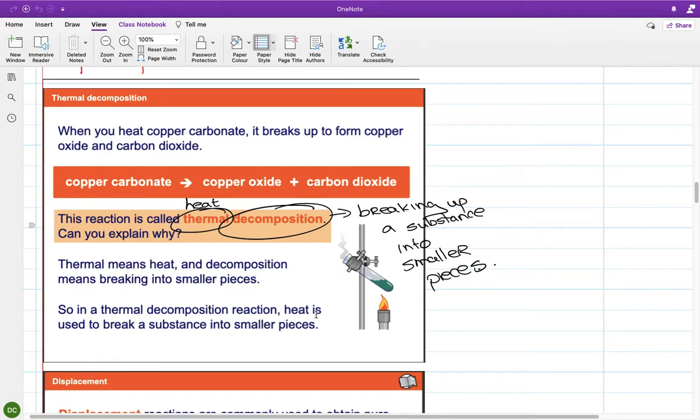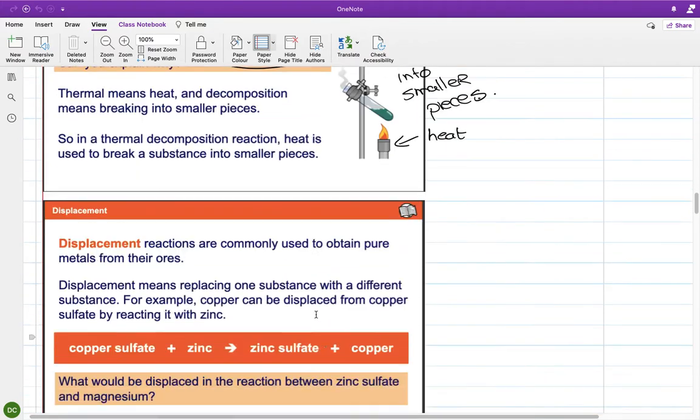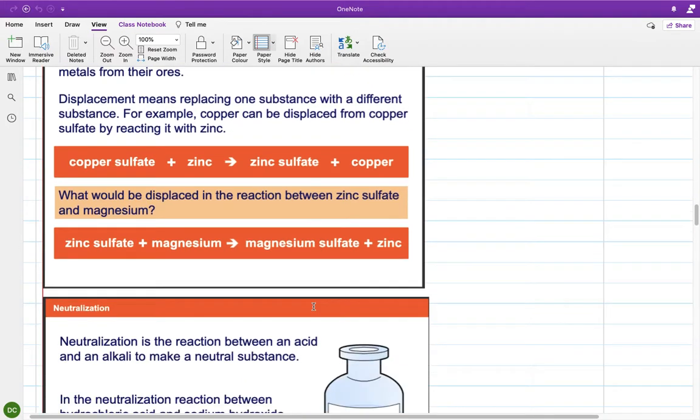They have an example here of calcium carbonate, and if you heat it, so the Bunsen is down here providing the heat or the thermal part, it breaks up into copper oxide and carbon dioxide. So that is a decomposition, so I wouldn't worry too much about that one. Don't worry about displacement either.